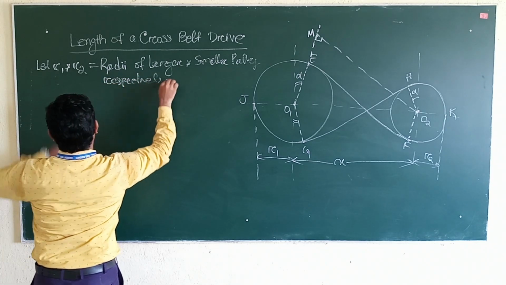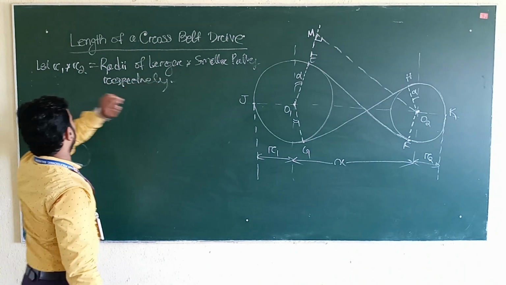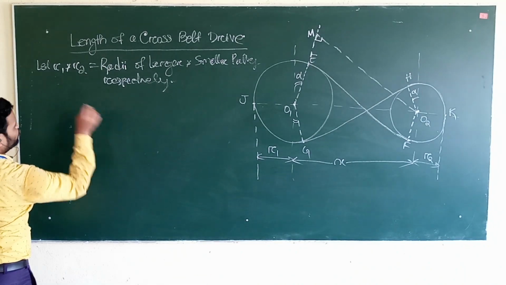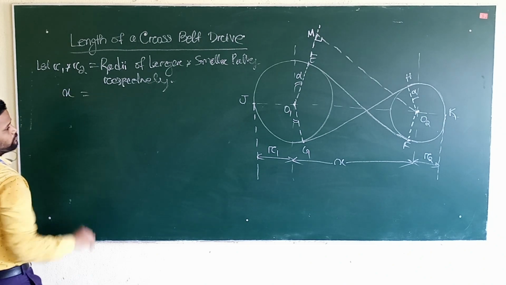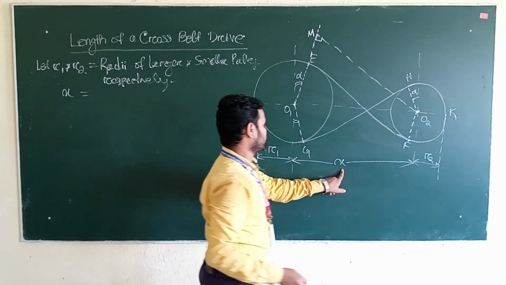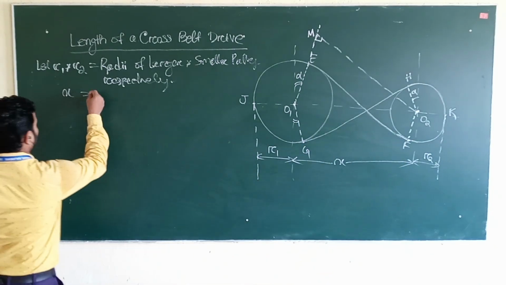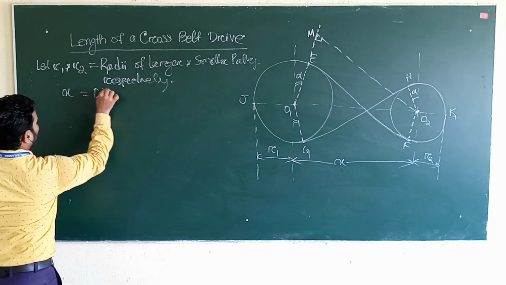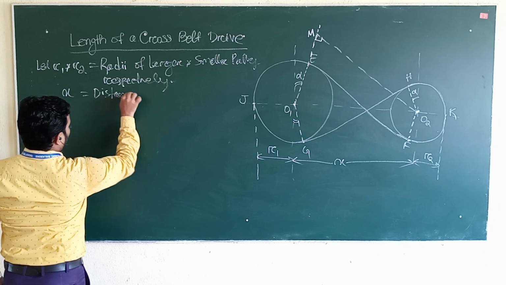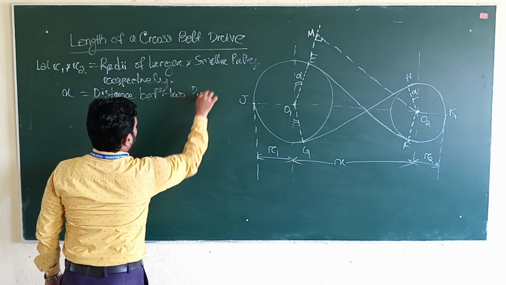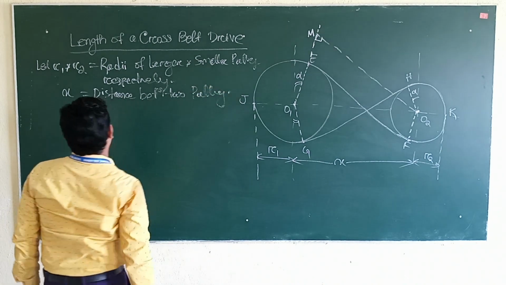Similarly, another unknown term is small x. What is small x? Small x is the distance between the two centers of the pulleys. That is your x.